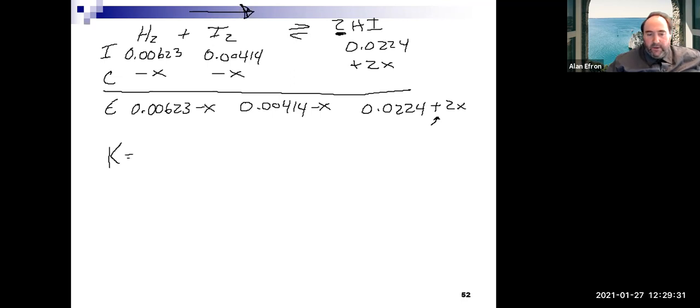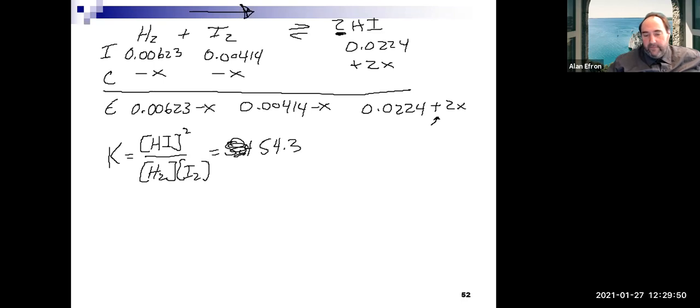Okay. Just like we did in the previous problems, we go into our expression, which is [HI] squared over the reactants. And again, like the earlier question, you do want to make sure you square it here. That is going to equal 54.3. We're going to put everybody into their proper places for a bunch of fun math coming up.